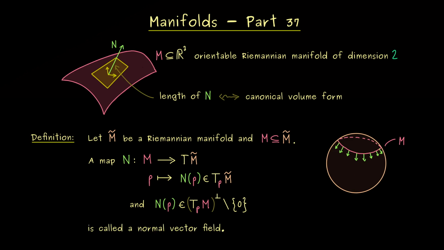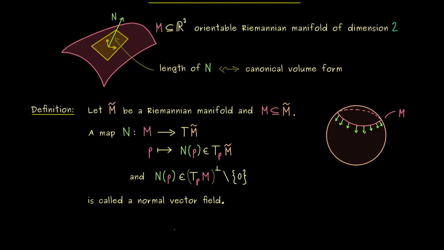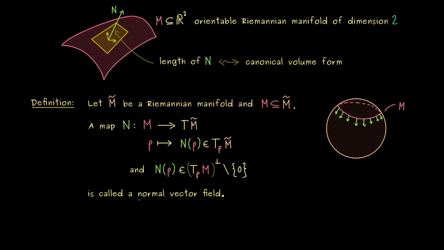And there you should see, normal makes only sense if we have a surrounding manifold M tilde. Because then we can see the tangent space T_p M as a subspace in T_p M tilde. And this is quite important, because otherwise we could not work with the orthogonal complement here. Moreover, please don't forget, orthogonality here is seen with respect to the Riemannian metric g_p.